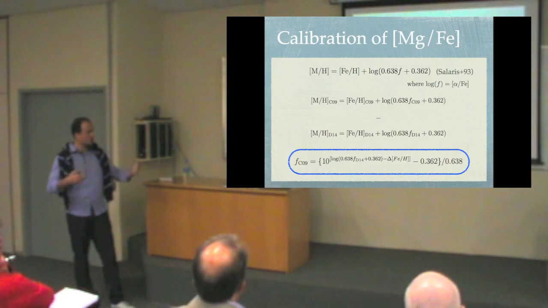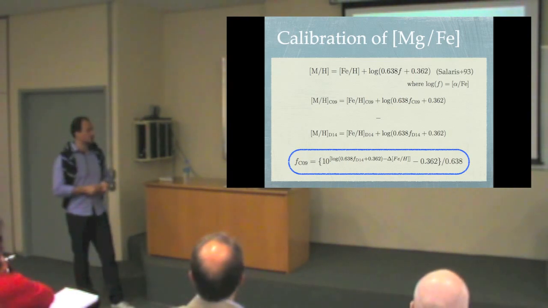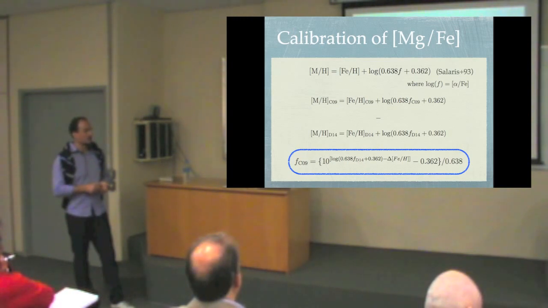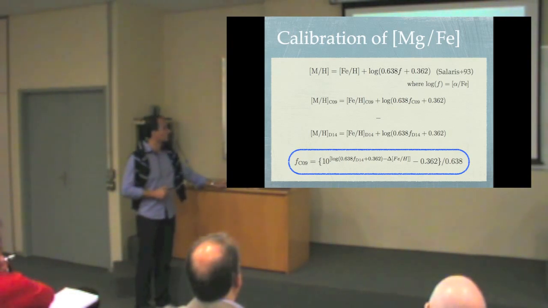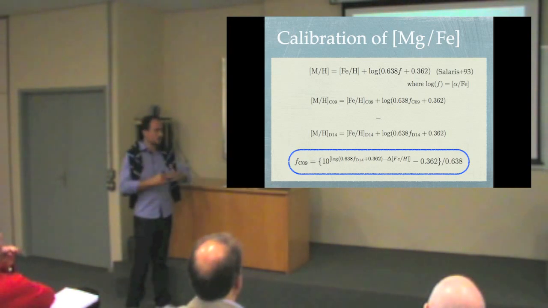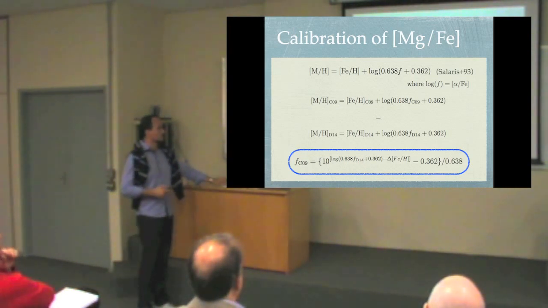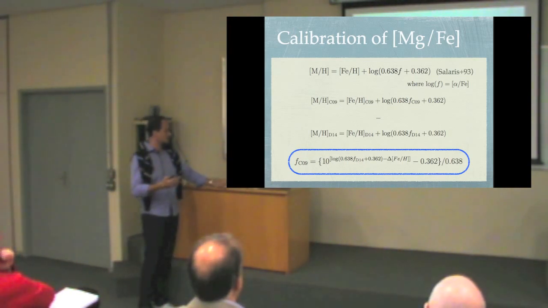So there is no reason to believe that the total metallicity will change. We just had a bias in the metallicity results due to this magnesium abundance because of the constraints in the library. So here we're just compensating for the limitations of the library.